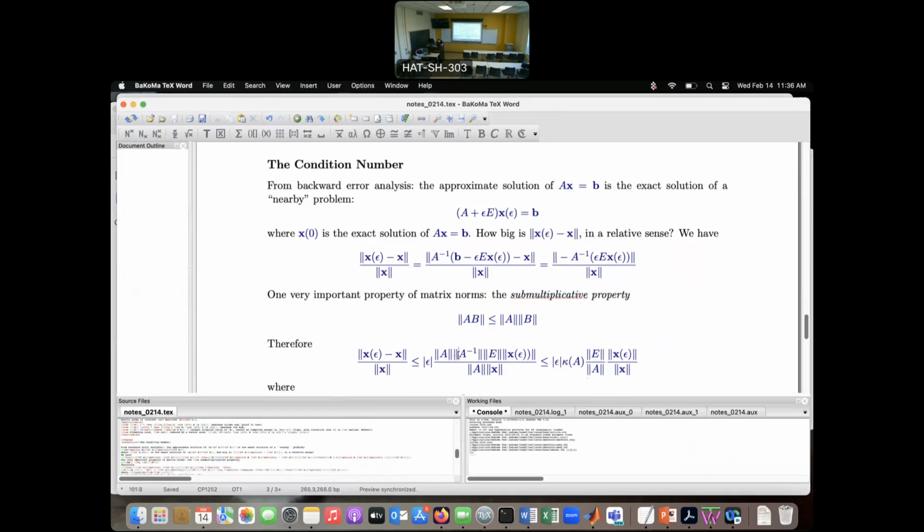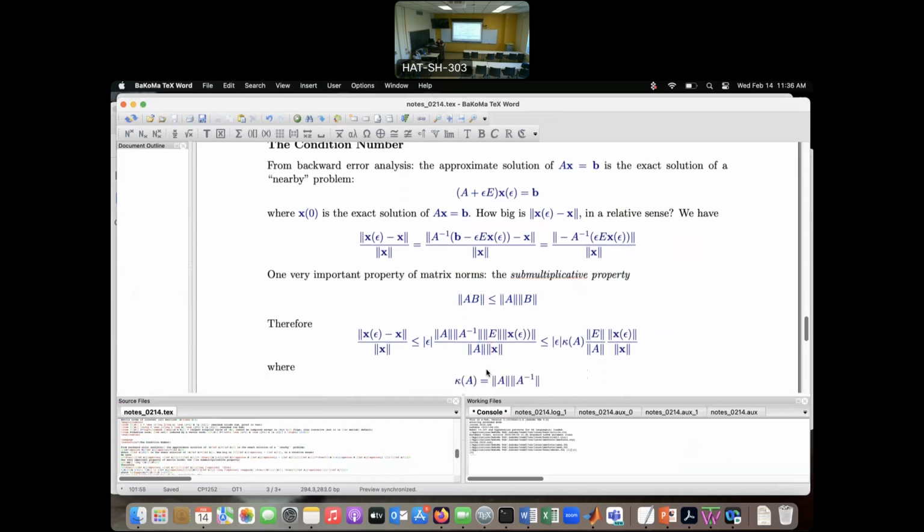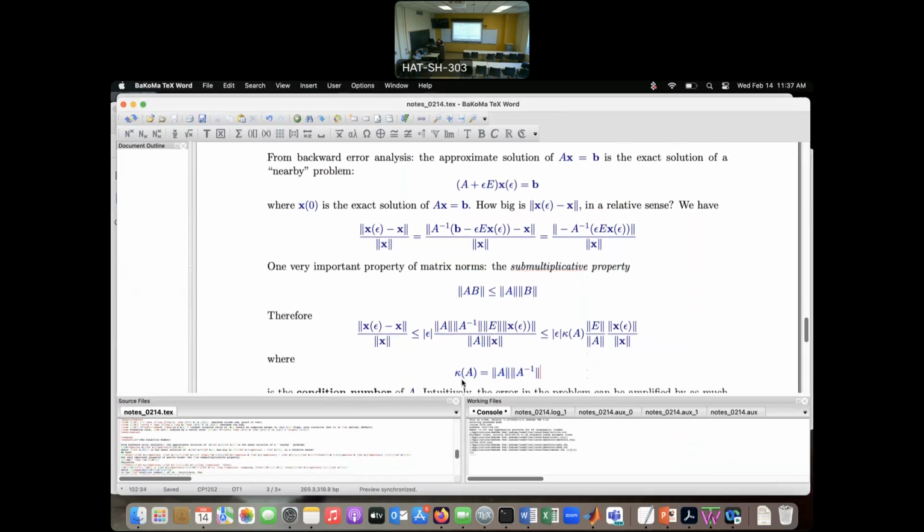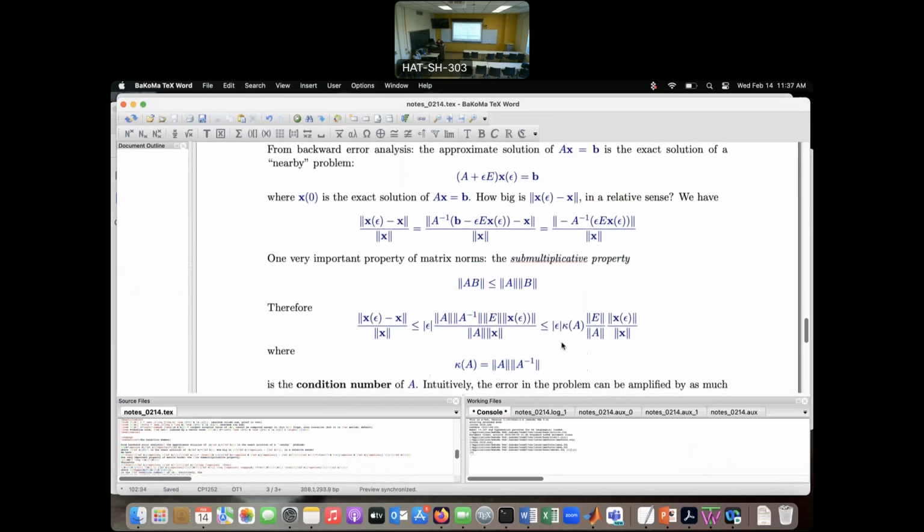We pull out the norm of A inverse, and also the norm of the matrix E, times epsilon. Using the submultiplicative property accounts for everything you see here, except that I've also multiplied and divided by the norm of A. So then I have the norm of A times the norm of A inverse, and I'm going to call that kappa of A, which is the condition number of A.